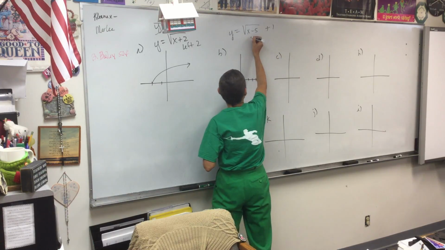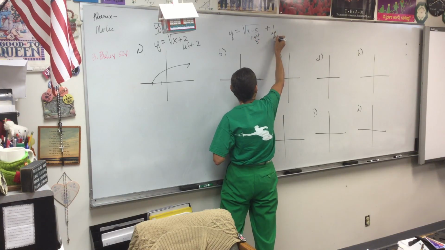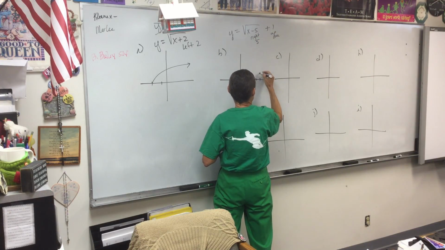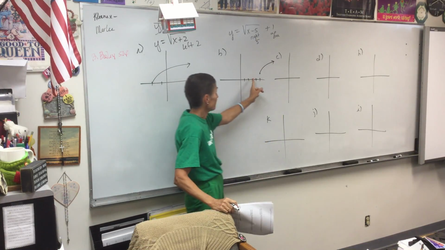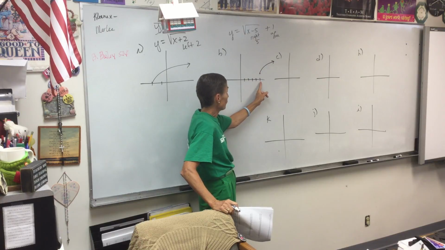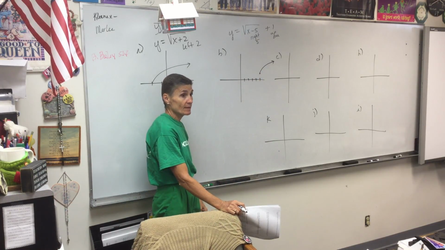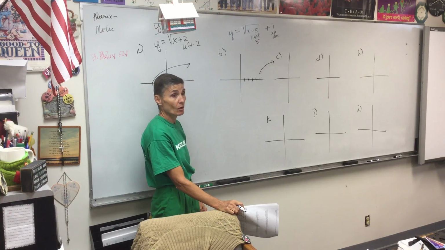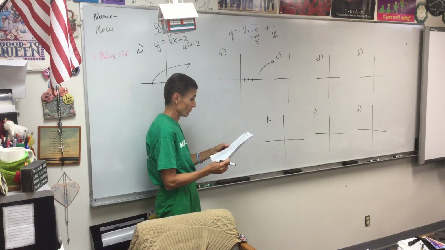So this is going right 5, up 1. So I'm going to have my square root BFF picture, but it's moved over 5 and up 1. And that's all you have to do. You don't have to plot points and all that stuff. You just take the picture you have memorized and move it over.